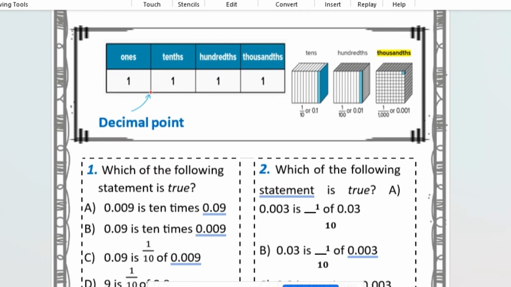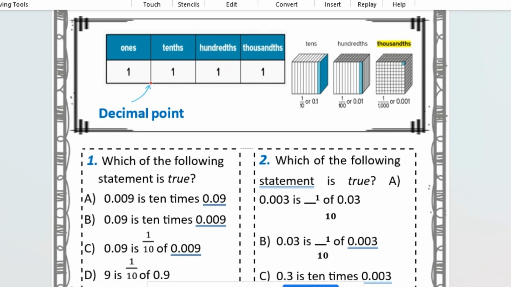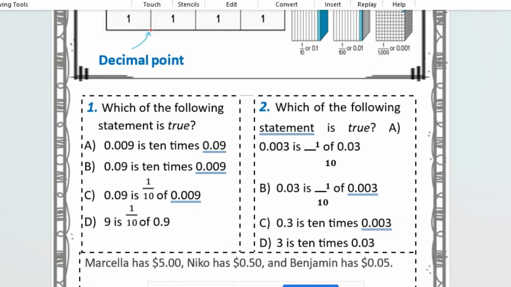Okay, now we are going to extend the place value to decimals here. Now, which of the following statements is true? 0.009 or 9 thousandths is 10 times as much as 0.009.